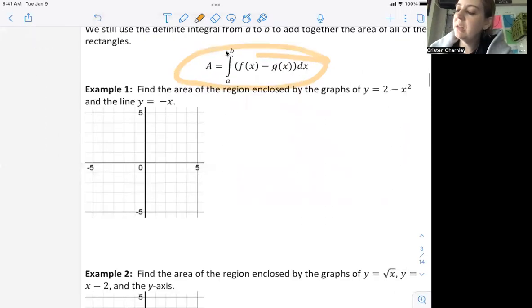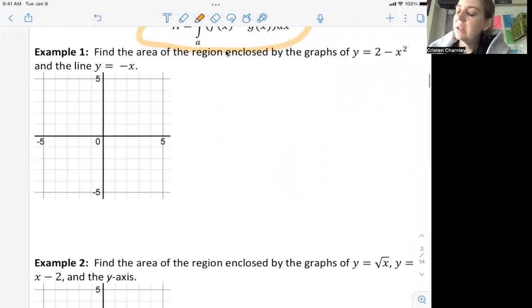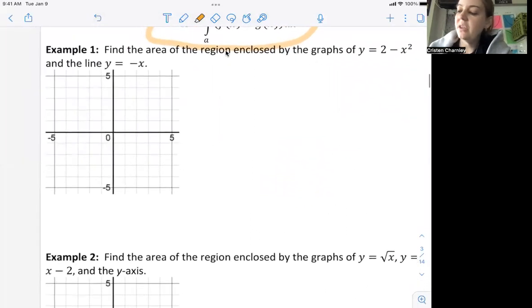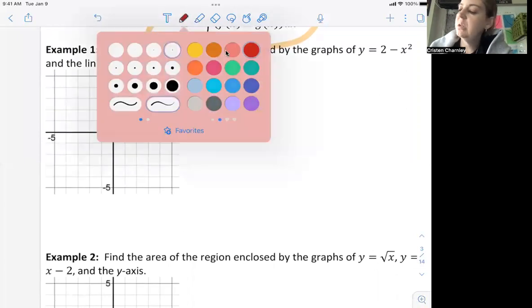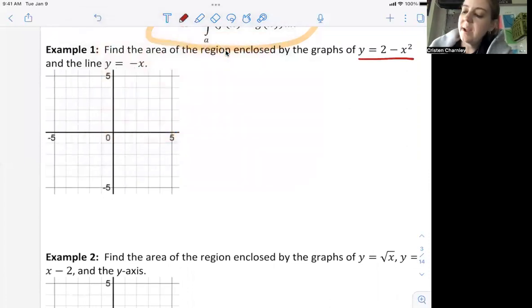So example 1, find the area of the region enclosed by the graphs of y equals 2 minus x squared and the line y equals negative x. So 2 minus x squared is a parabola, goes up to 2, and it points down because x squared is negative.